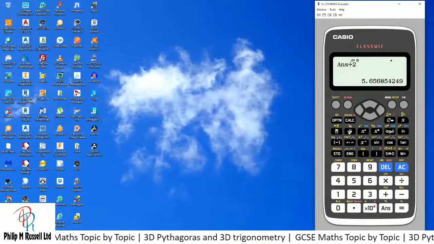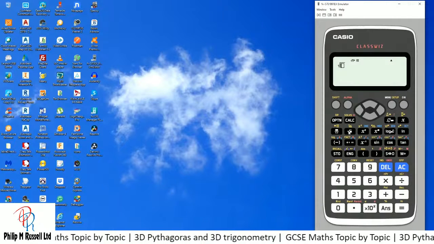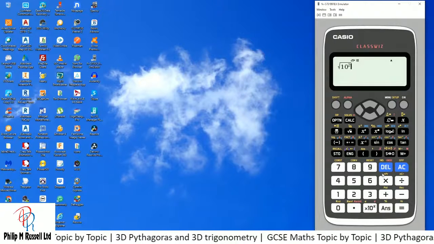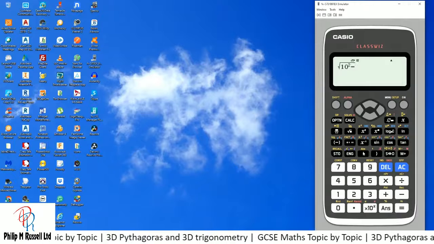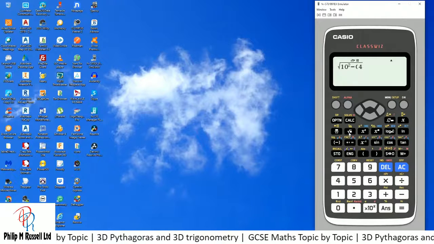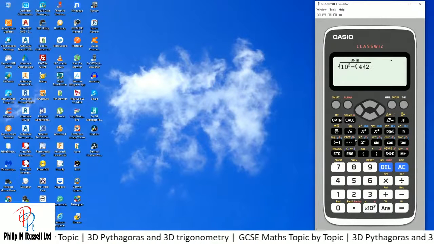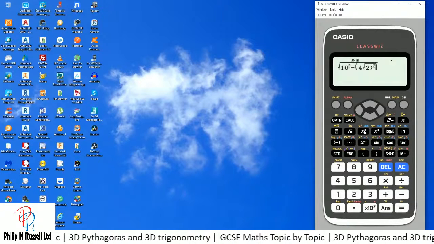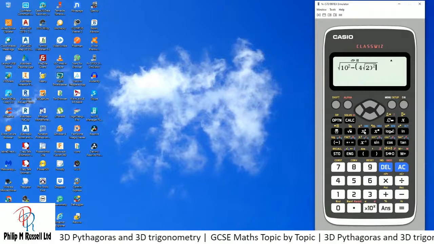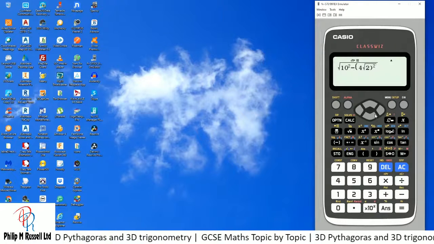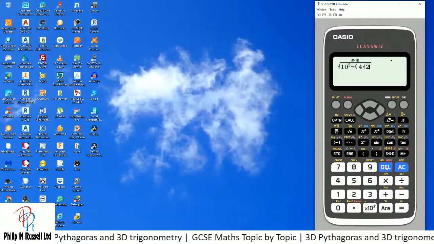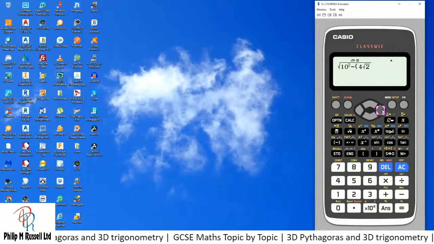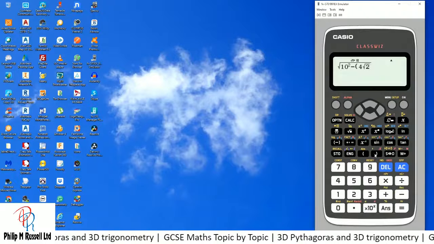So I need to work out the square root of 10 squared minus 4 root 2 all squared. Yeah, that didn't work either, did it? I didn't press my calculator button. Press the arrow, that's better.